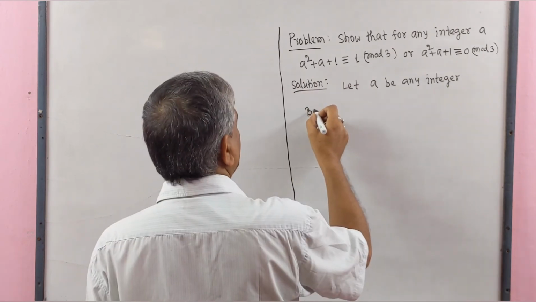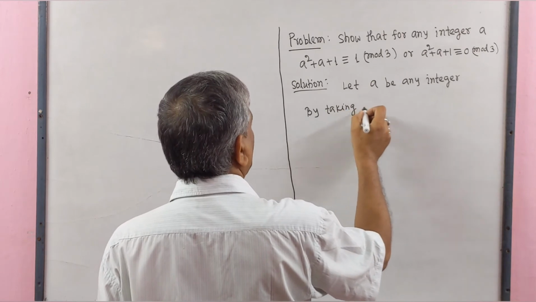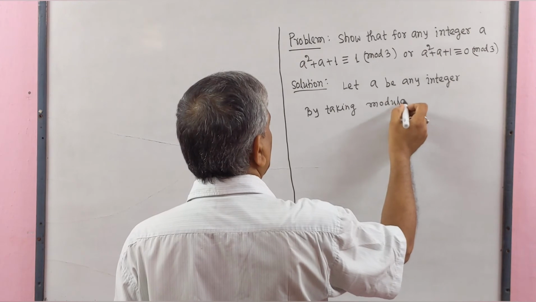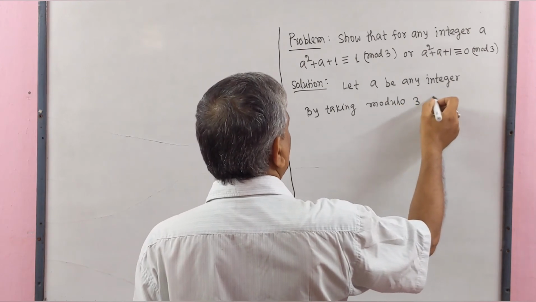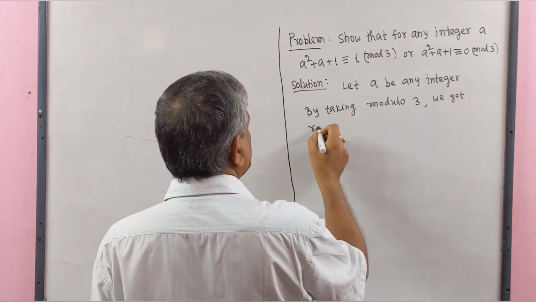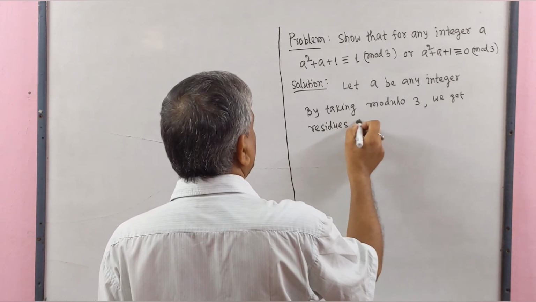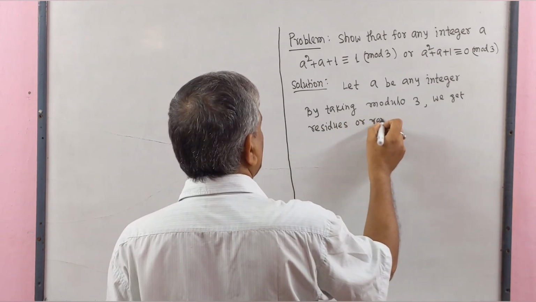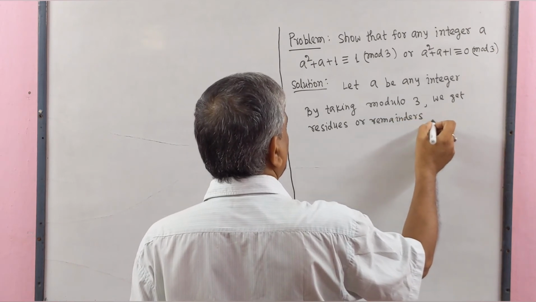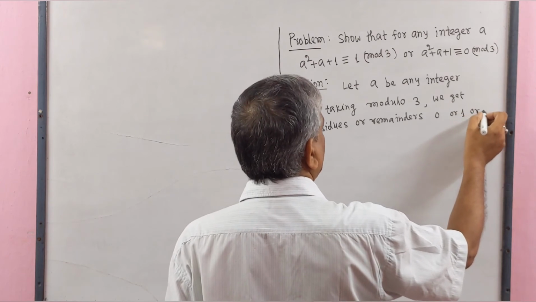By taking modulo 3, we get residues or remainders 0 or 1 or 2.